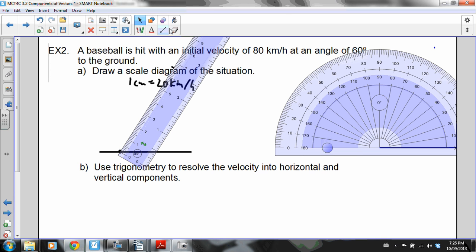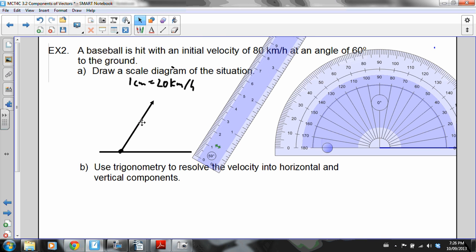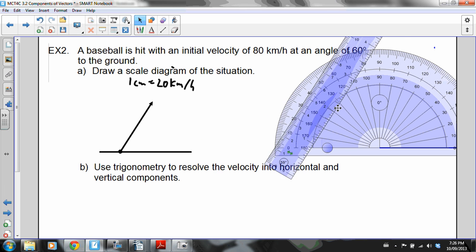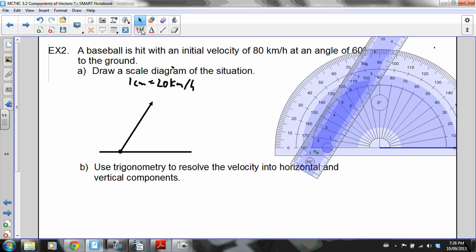Okay, and then my vector is going to be, I said 4 centimeters long, at that angle of 60 degrees. But now I want to resolve it into, I think, or was it say, draw a scale diagram. Okay, there's my scale diagram. Done. Dandy.